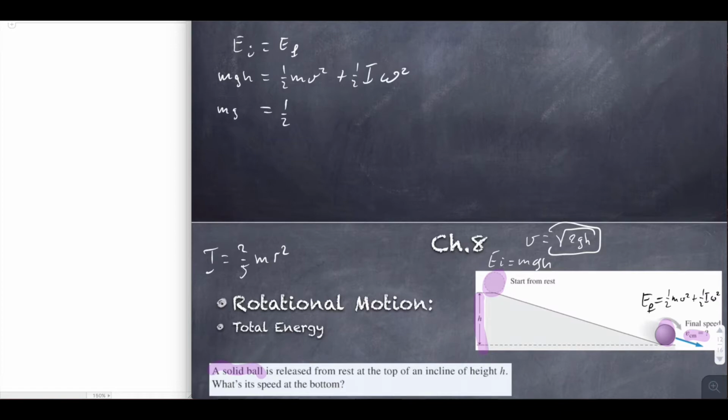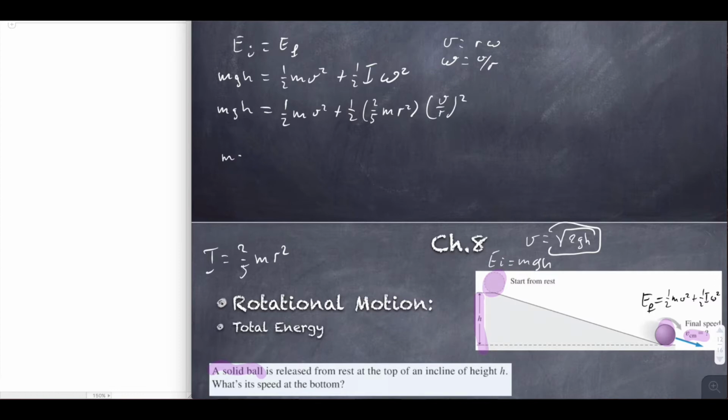So mgh, and then we have 2/5 mr squared, and omega, remember, I know v equals r omega, so omega equals v over r, so I get v over r squared.